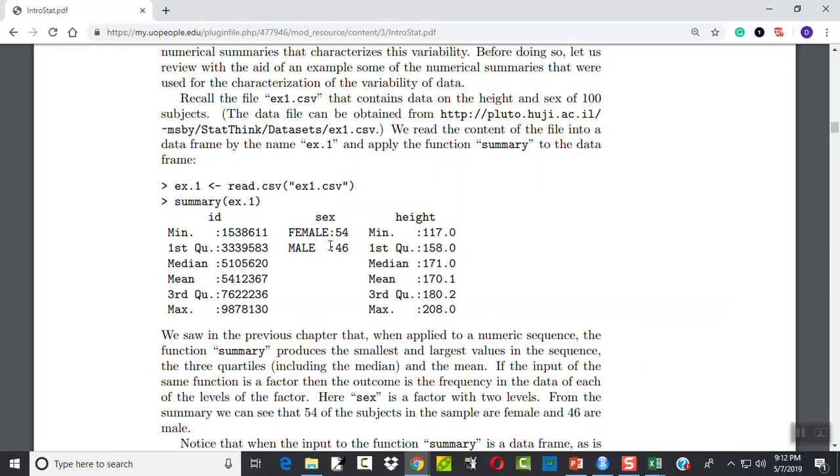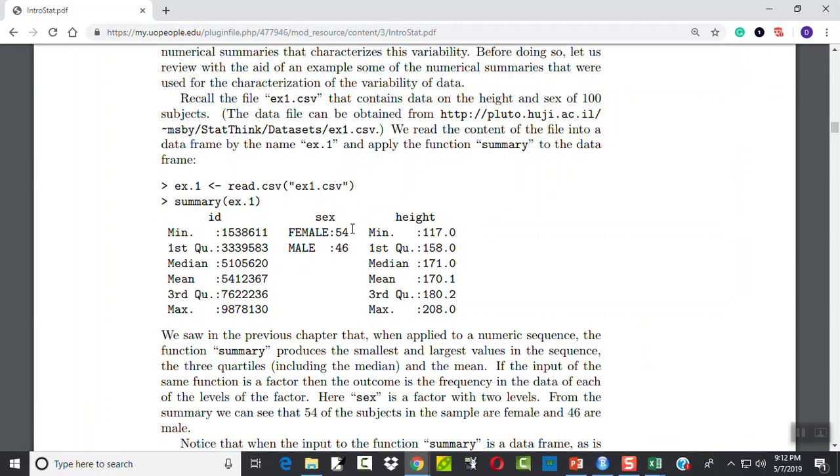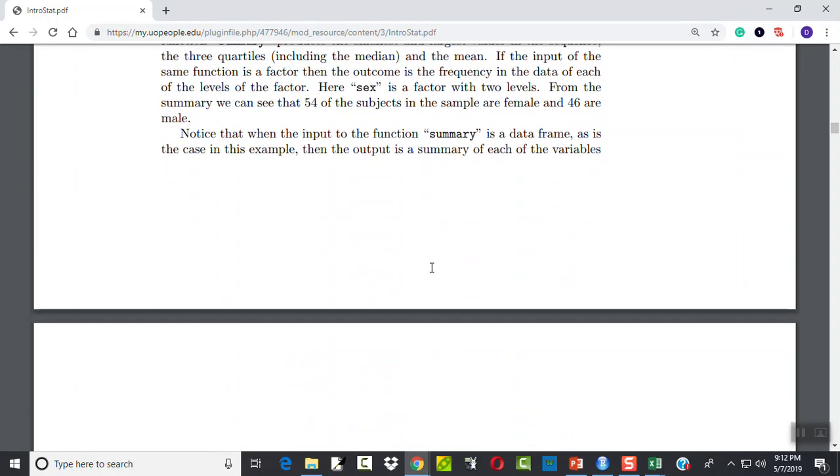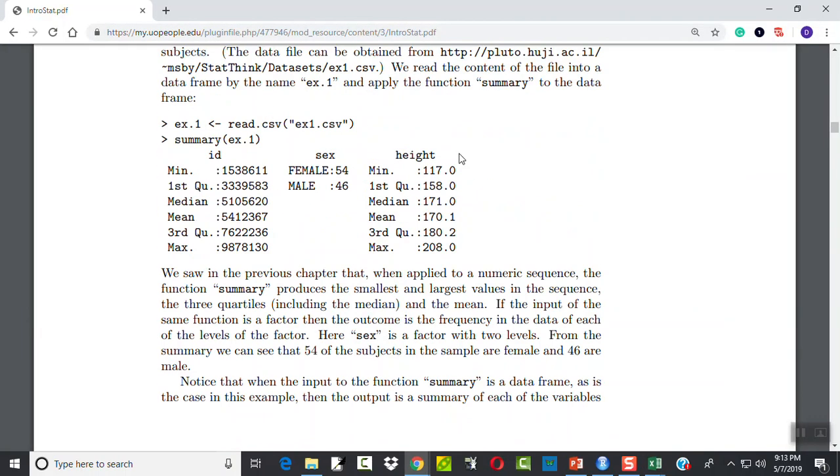The sex, since it's in a separate column, it's doing as much as it can. Obviously, it can't find the mean of those, so it looks like it's just doing a count. And then your height over here. Okay, so that's a summary, and you see how it works when you've got 3 columns. So if you had 5 columns, you would have five of these going across.